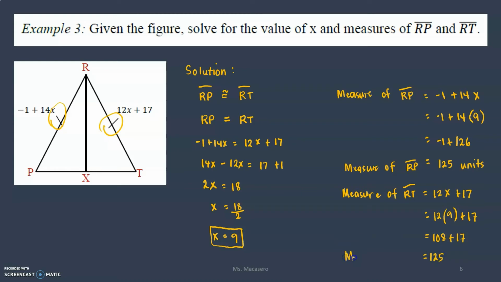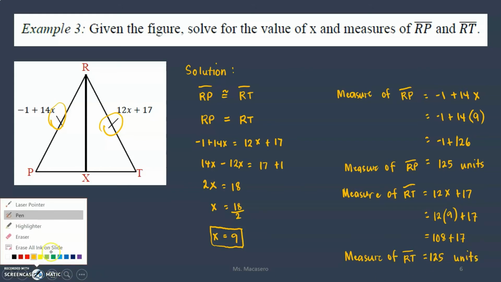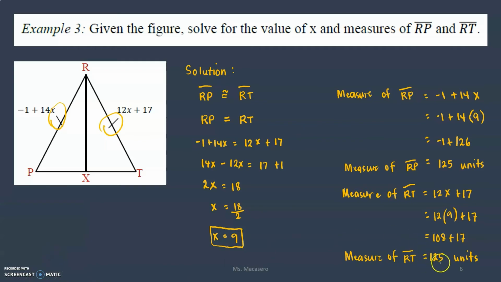So the measure of segment RT is equal to 125 units. And highlighting our measurements, we see that the measure of the two sides are indeed equal, so the two sides are congruent.